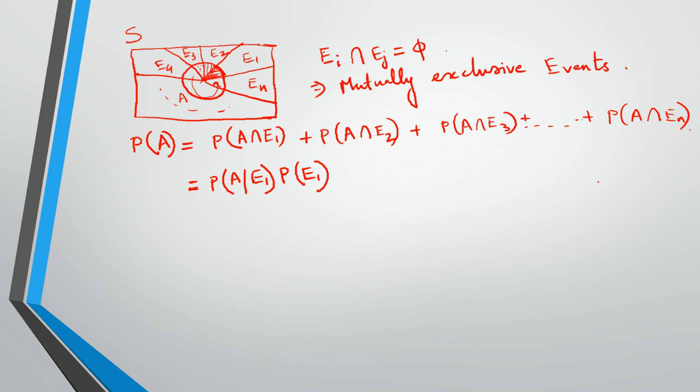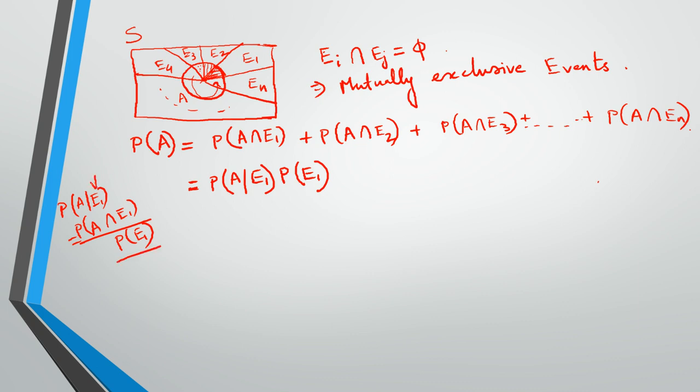A couple of sheets back, we discussed conditional probability. So we got P of A given E1 equals P of A intersection E1 divided by P of E1.